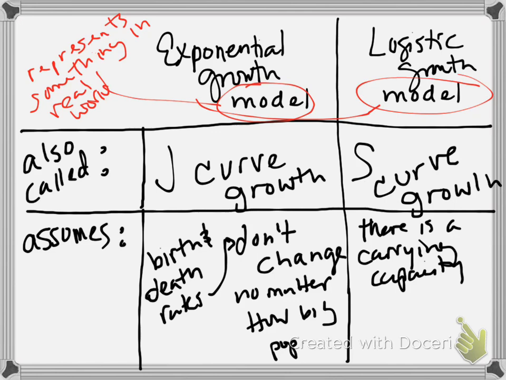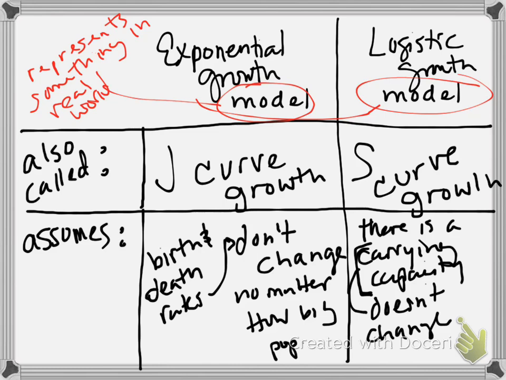It also assumes, though, that the carrying capacity doesn't change. It assumes that carrying capacity doesn't change as the population gets bigger. And of course, we know things can happen in the environment which do change the carrying capacity.